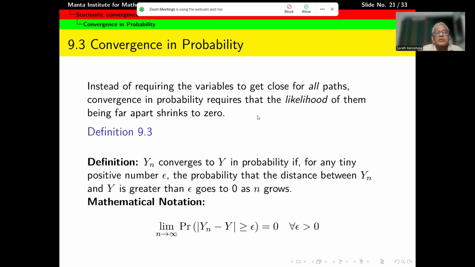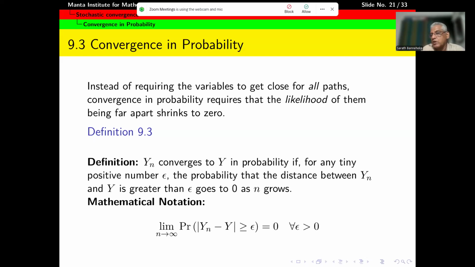Next, we are going to consider a different mode called convergence in probability. Instead of requiring the variable to get close for all paths, convergence in probability requires that the likelihood of them being far apart shrinks to zero.